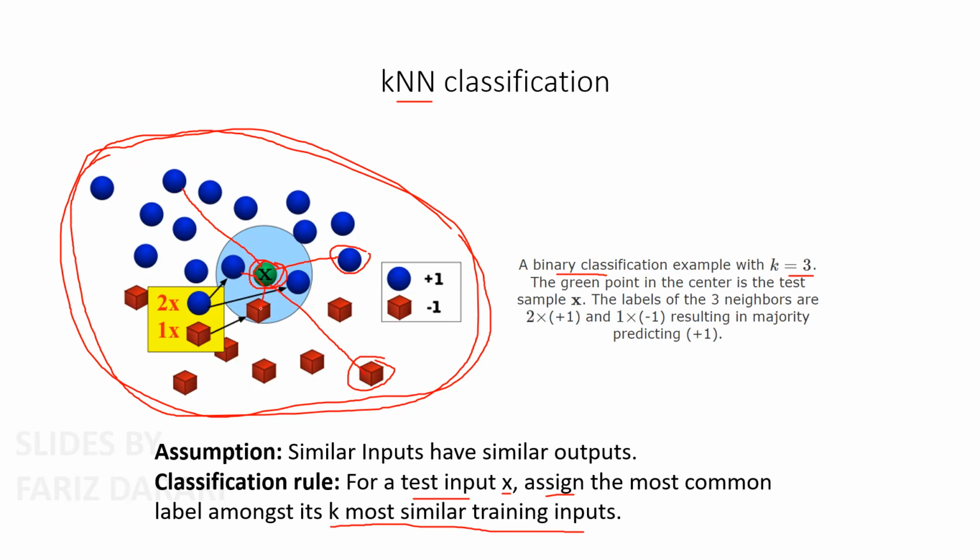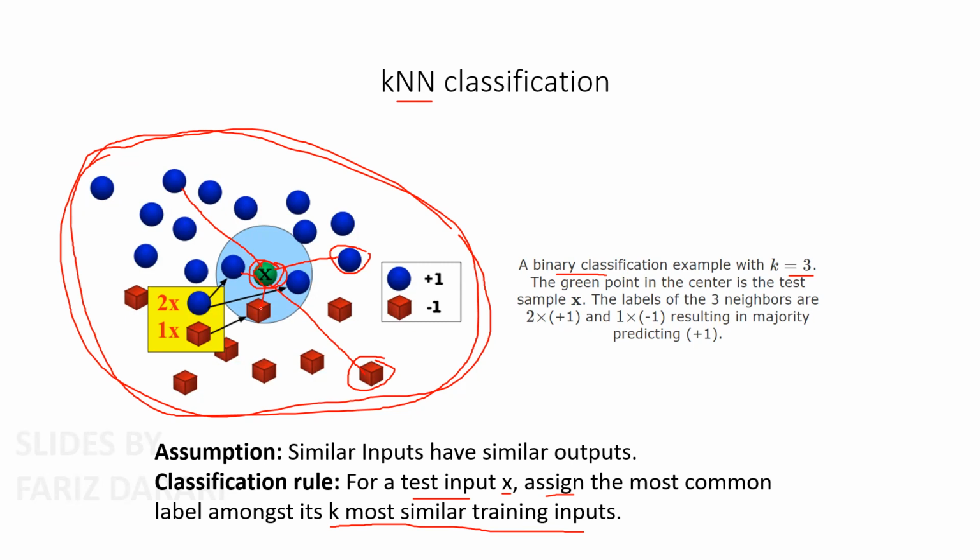And having computed the distance, we can now figure out which existing data points have the shortest distance to x. So we rank the existing data points based on the shortest distance, right?